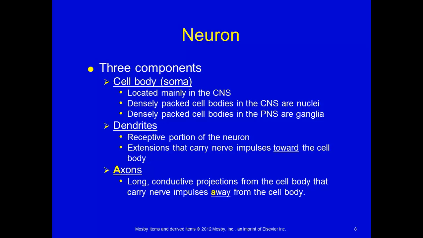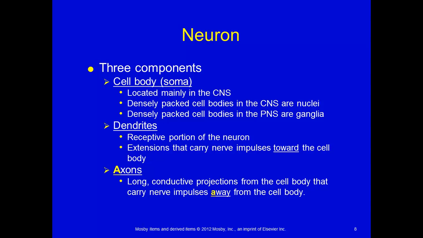Each neuron is adapted to perform specialized functions. But no matter what the structure, no matter what the function, all neurons have three main components, right? And you see those here on the screen. They are made up of the cell body or the soma. They have a dendrite or dendrites, and they have axons.